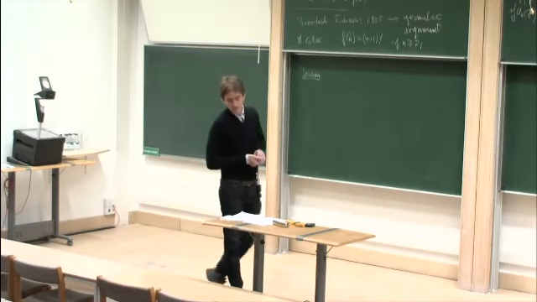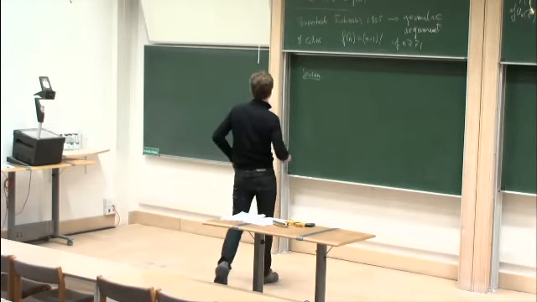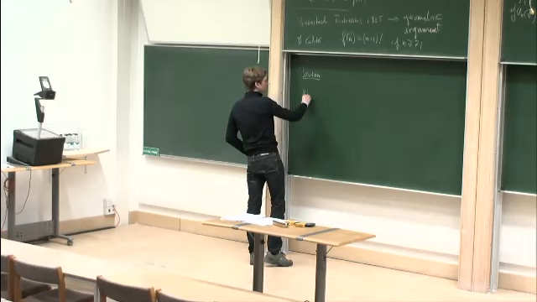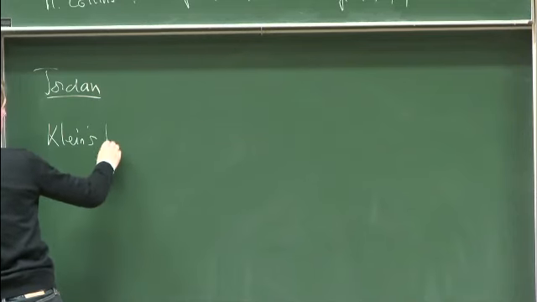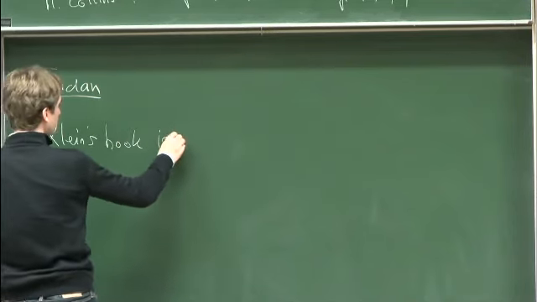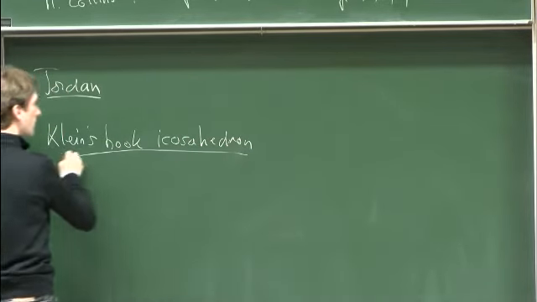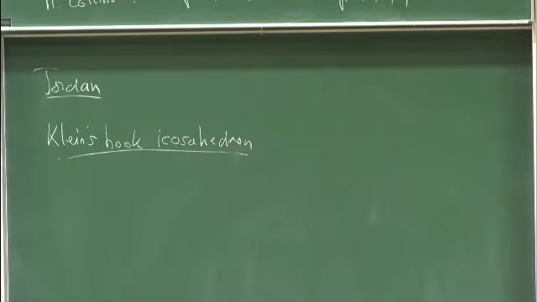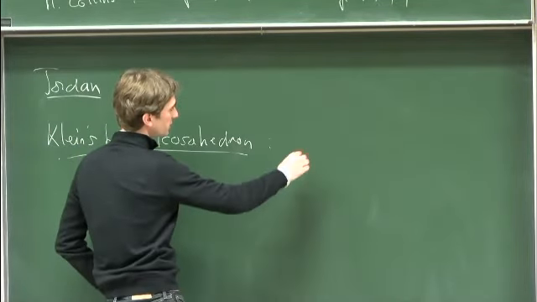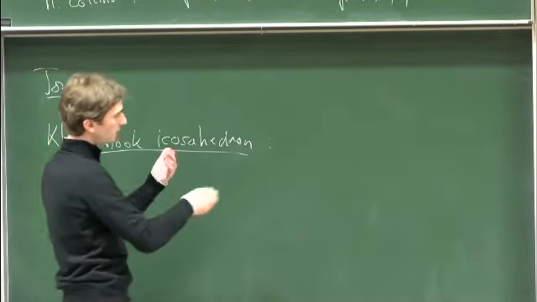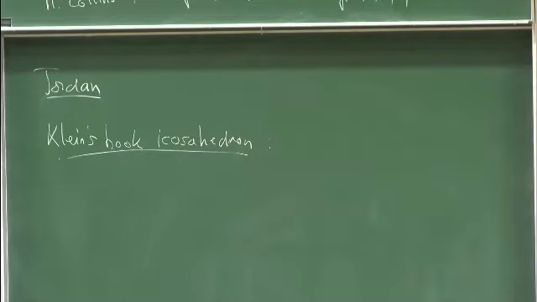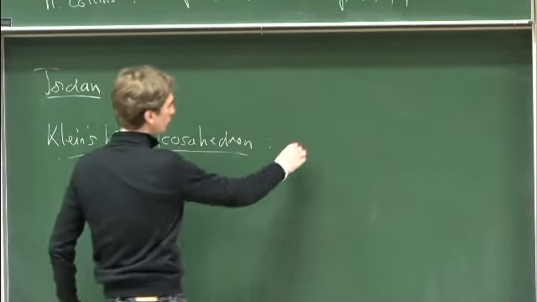So this is very well known, and if you read Klein's book on the icosahedron, he discusses this at length, and he explains that this classification of the finite subgroups of isometries of the sphere gives rise to Plato's solids.